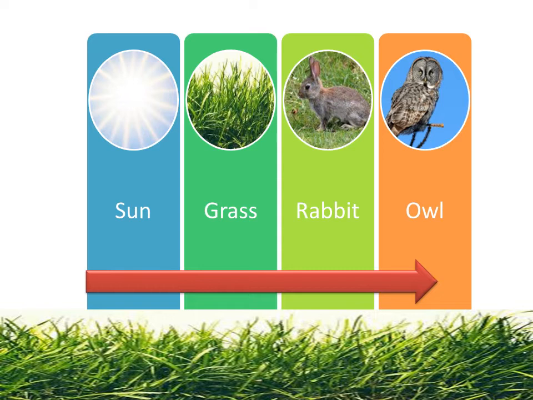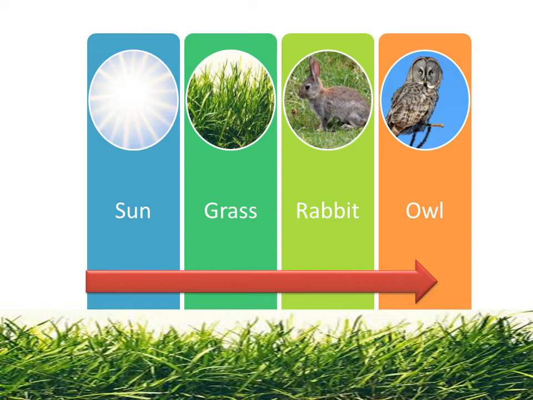But if you look at the picture, you can see the red arrow. The red arrow shows that the energy is moving from the sun to the owl. How? Because the sun provides the plants with light. The plants will use light to make their own food. The rabbit will use the plants for food and they will take the energy from the sun by the food they eat.